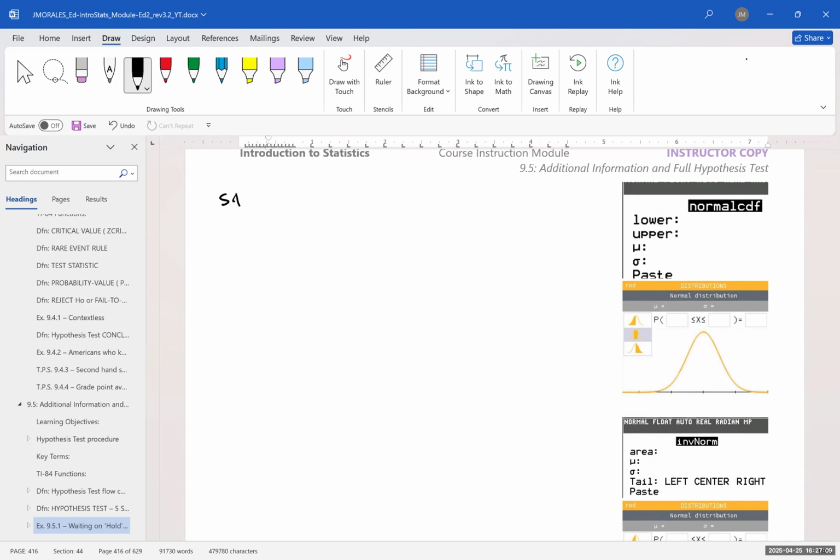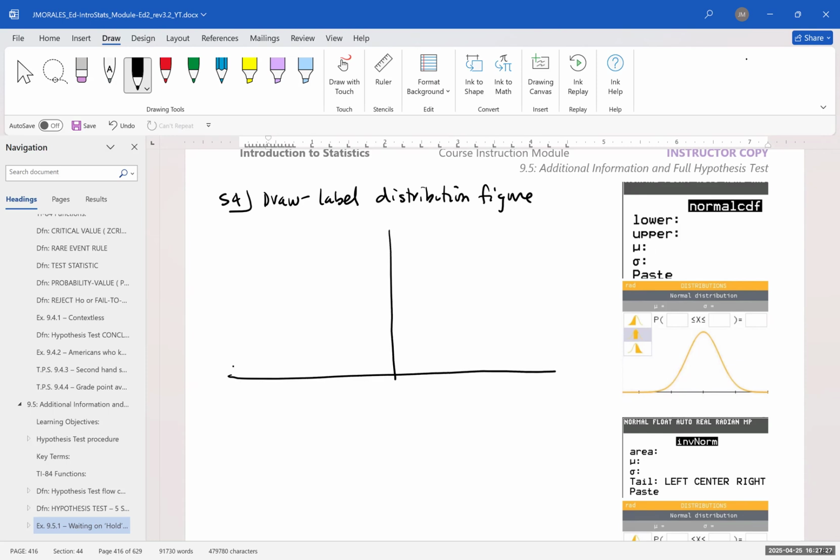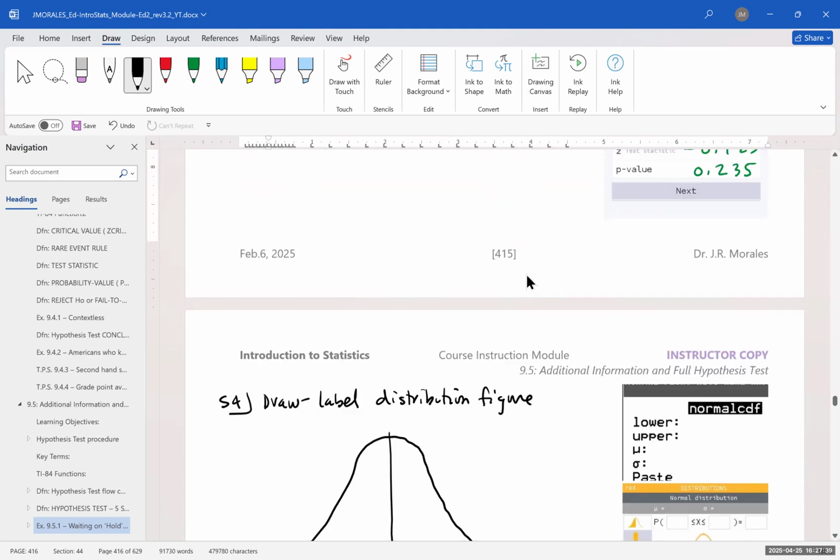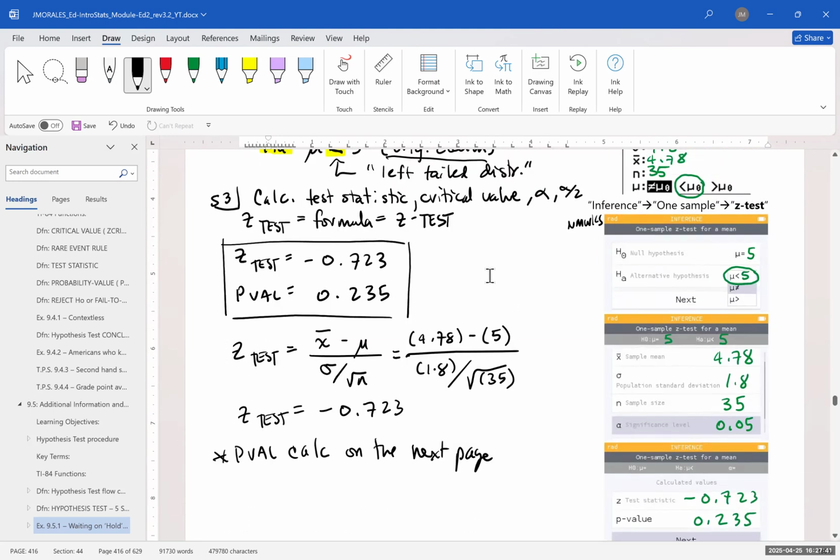So step 4 is to draw and label our distribution figure. All right, so we're dealing with a normal distribution. So I've tried to leave plenty of space so that you can do this too. And we're dealing with a left-tailed distribution, right?